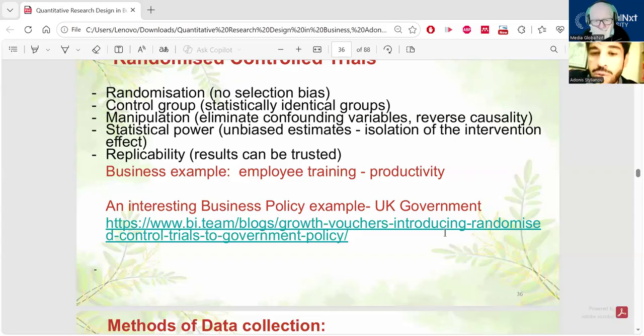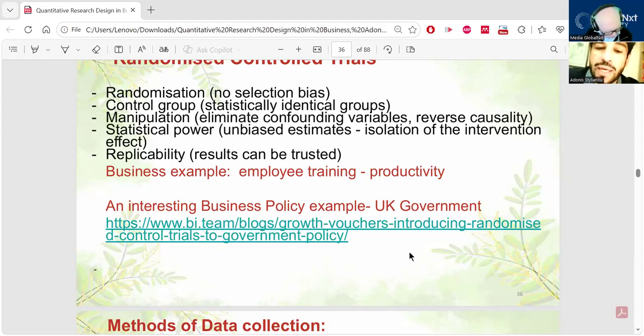Now, in the UK, there has been a very important randomized control trial, one of the largest and one of the first, I would say, that the UK government used to try and make a decision whether or not subsidization of R&D, research and development, is needed for startup businesses, moderate-sized businesses, in order to help them improve their productivity.